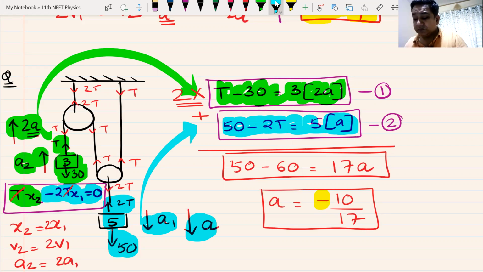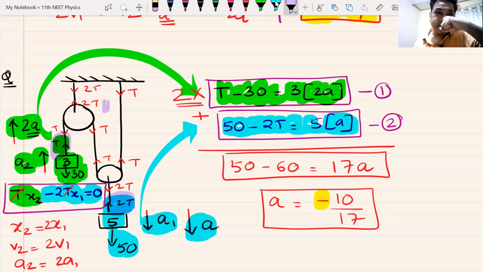Remember, the force which is pulling up the 3 kg block is only T. But the force which is pulling up the 5 kg block is 2 times T. More force is pulling the 5 kg block, and that is why this 5 kg block is going up.